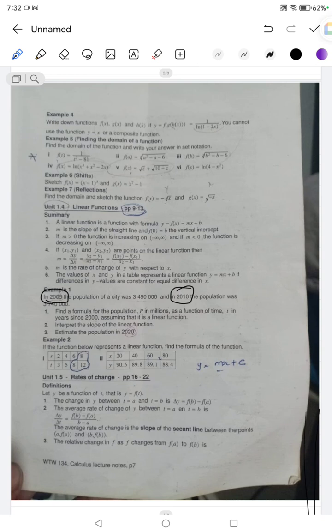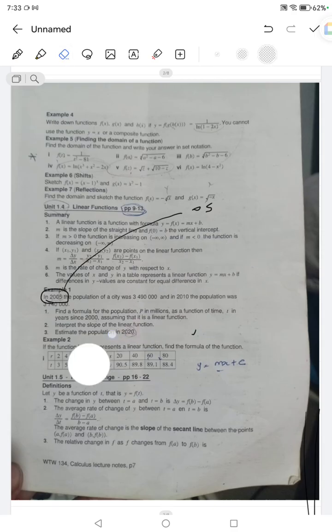You only consider the last 2 digits, so here we consider 05, and this side we consider 10. So if they say estimate the population in 20, you're only going to input 20 in the function that you get.